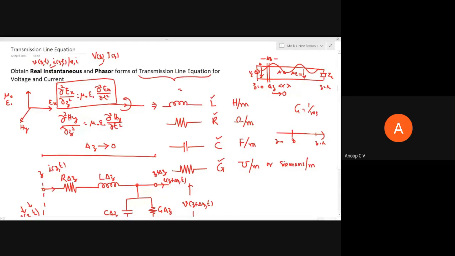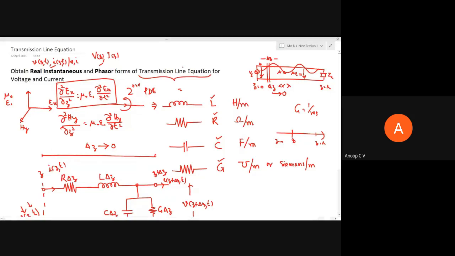You have to keep in mind that it is a second order partial differential equation in space and time. If you solve that, you will get instantaneous transient values of V and I.